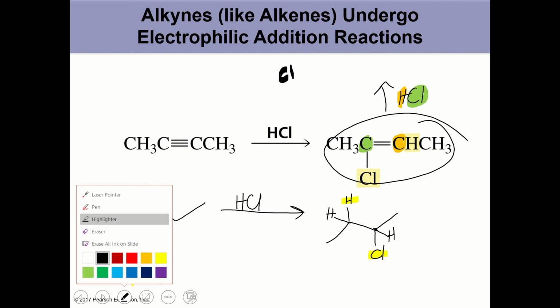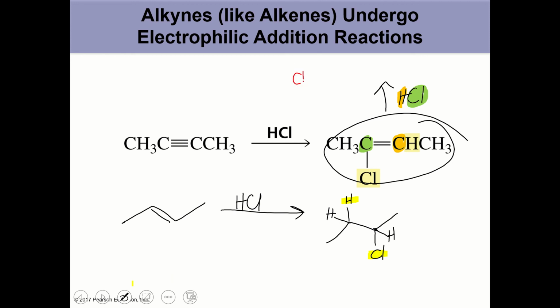we need the pen, eraser. We would have CH3, CCl with a positive charge, CH2, because I added the orange hydrogen, CH3.